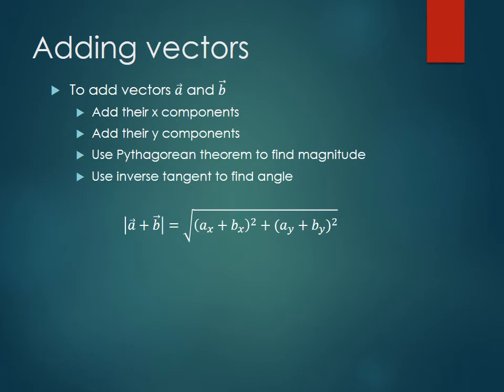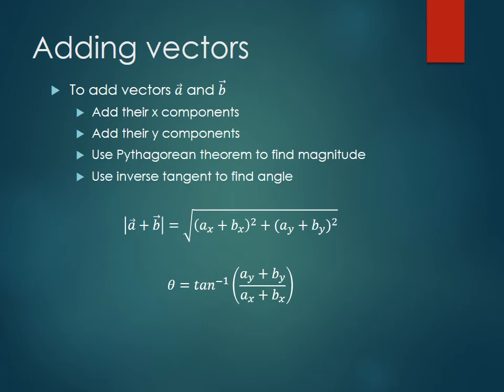That's what the square root is there for. And then here to find theta, which remember theta is going to be the angle between the positive x-axis and my resultant vector, I'm going to take the tangent inverse of ay plus by over ax plus bx. So that's going to be your opposite over your adjacent.